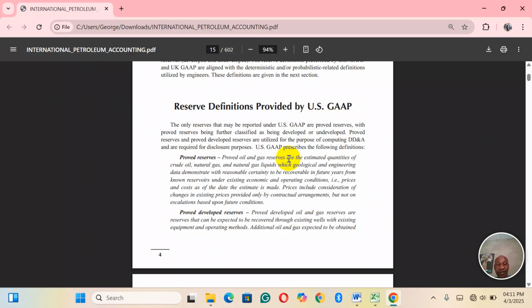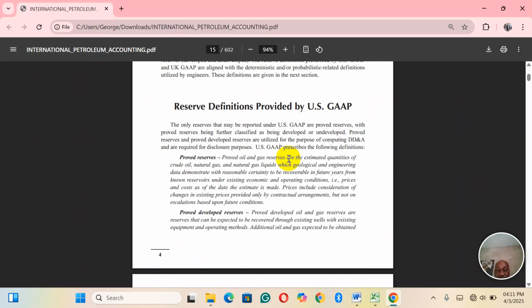We're looking at the proved reserves. Proved oil and gas reserves are the estimated quantities of crude oil, natural gas, and natural gas liquids which geological and engineering data demonstrate with reasonable certainty to be recoverable in future years from known reservoirs under existing economic and operating conditions, that is, price and cost as of the date.